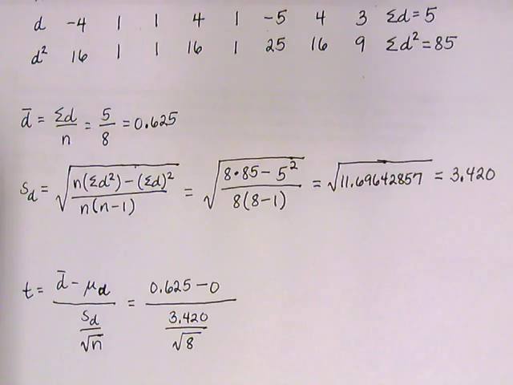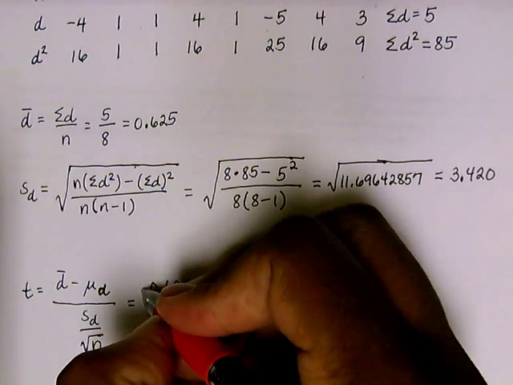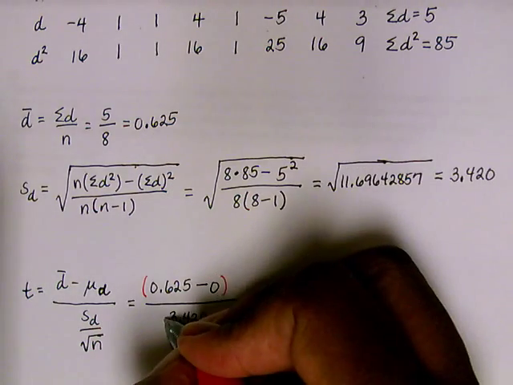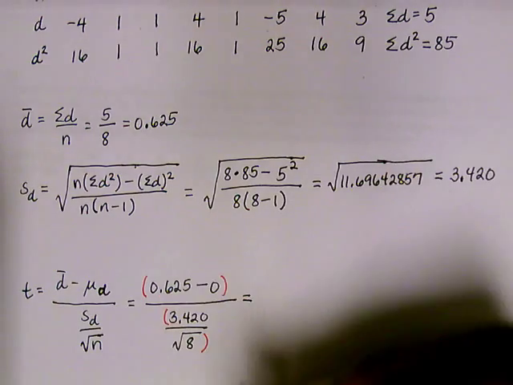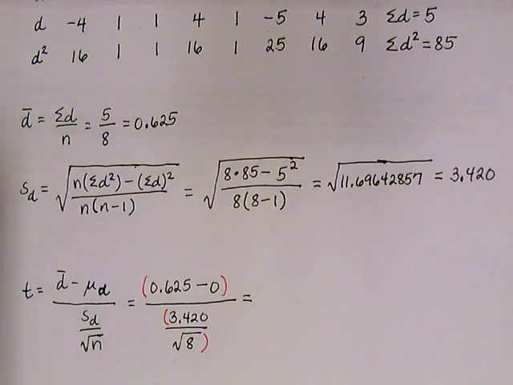N is the number of paired data. Now, what I'm going to do here is put the numerator and the denominator in parentheses and use my graphing calculator to calculate what my t-test statistic will be.